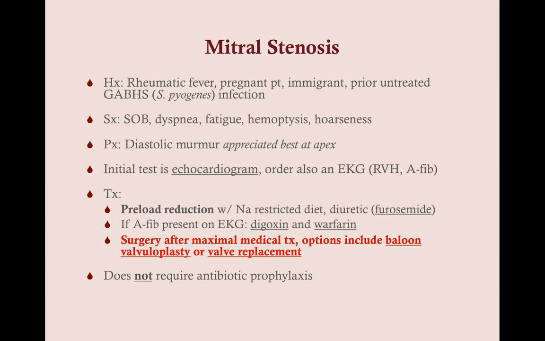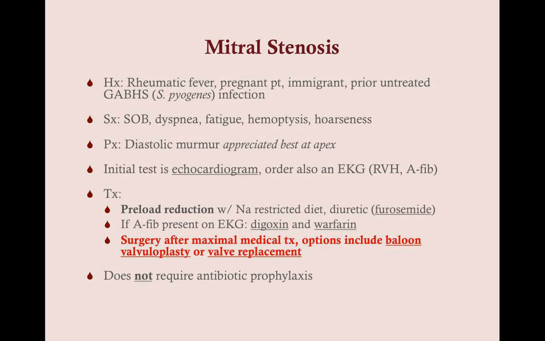So we give digoxin not for its positive inotropic properties, but because it helps with the arrhythmia of atrial fibrillation. And then warfarin, because patients with A-fib are at risk for developing clots. So digoxin and warfarin, and diuretics for the murmur itself.